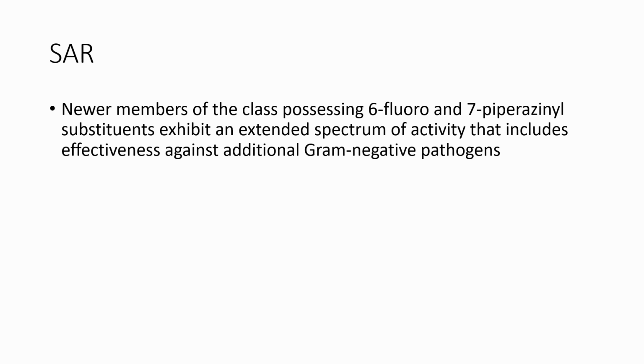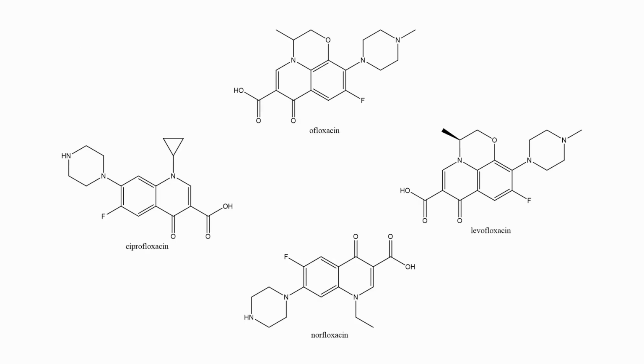Next, newer members of the class possessing 6-fluoro and 7-piperazinyl substituents exhibit an extended spectrum of activity that includes effectiveness against additional gram-negative pathogens. So let's have some examples, such as our ciprofloxacin, our ofloxacin, our levofloxacin, and our norfloxacin.